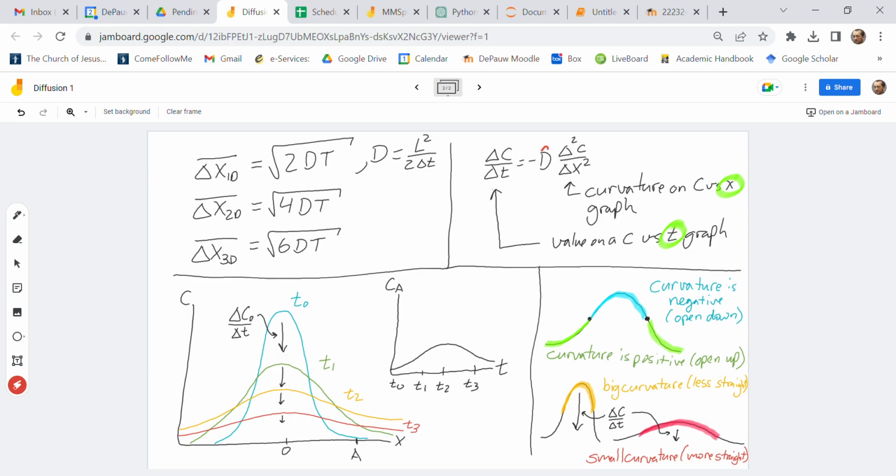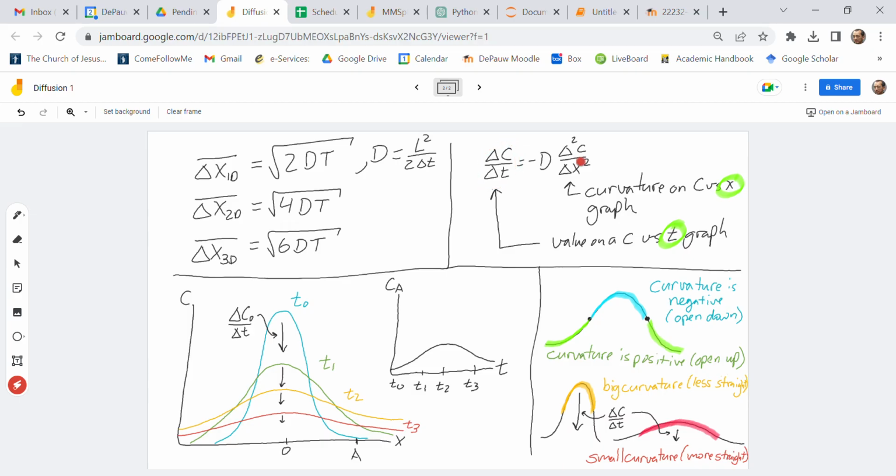Since this is a fixed parameter, if it's ink and water, that's a fixed number for ink and water. It'd be a different fixed number if I was doing ink in honey. So we'll stick to ink and water. So this is just a constant. So if this is a big number because it's very tight curvature, that means it should change really fast.